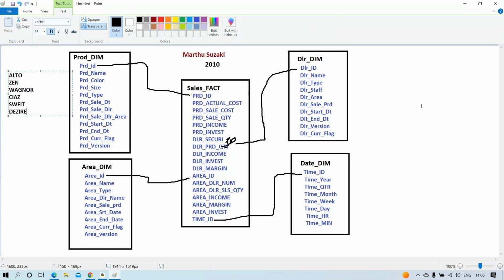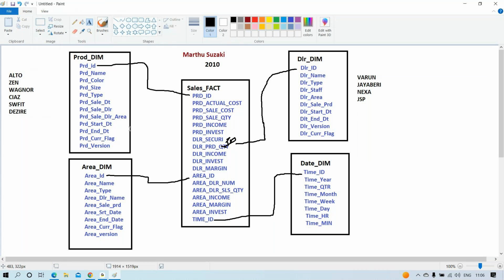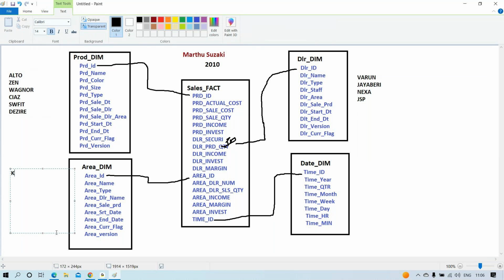Now, dealers, I mentioned like Varun Motors, and Jay Berry, and Varun Nexa. Who is the one? ASP. So like this, there are a few vendors, and they are in different areas. Like Karnataka, within Karnataka like Bangalore, within Bangalore like BTM, Jayadeva, Bridge Road.